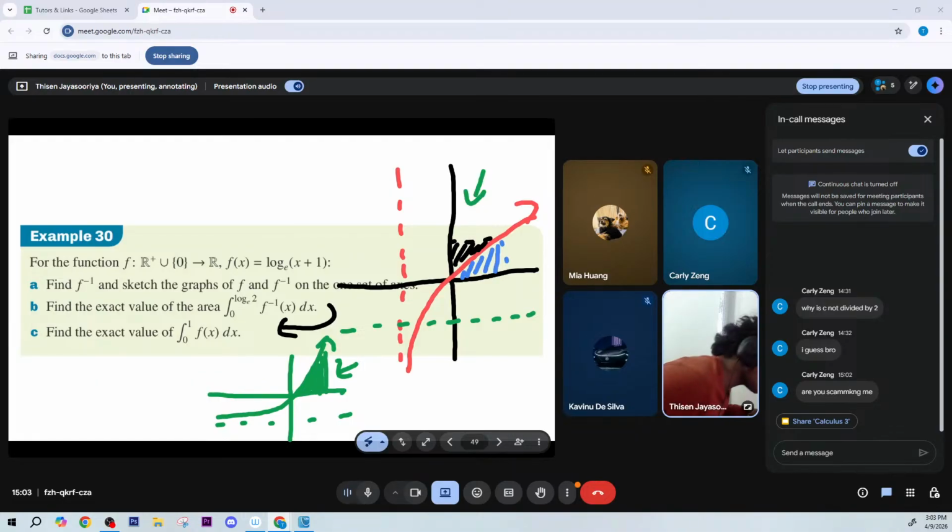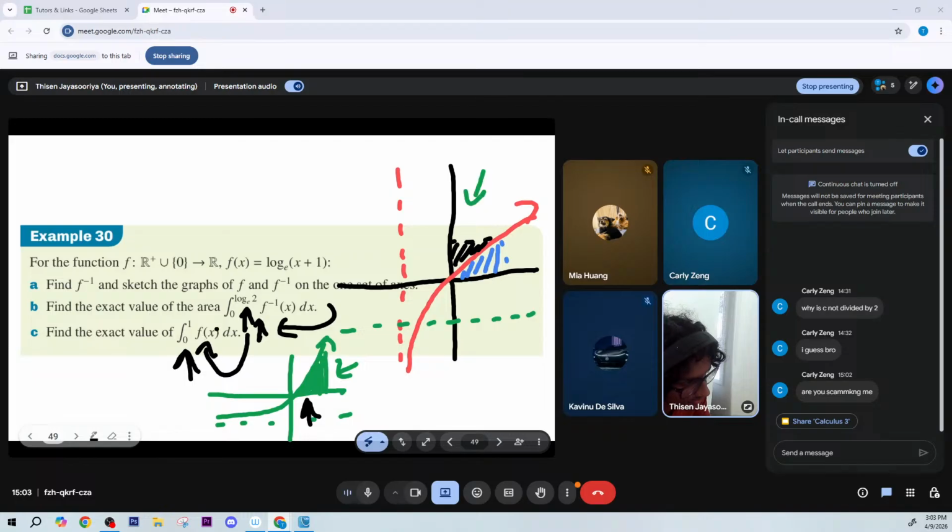Because if I turn my head 90 degrees, it literally looks like this function, but just reflected, yeah? So the thing I want you to take away here is that for the inverse function, what this area finds can help you find the area of this one, because you see that this just makes up a rectangle.